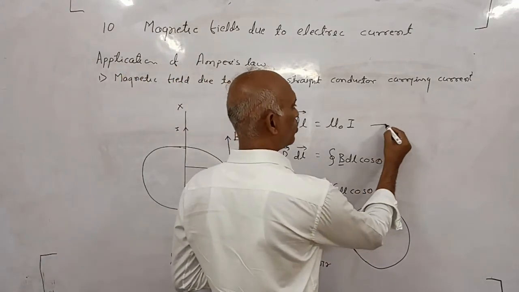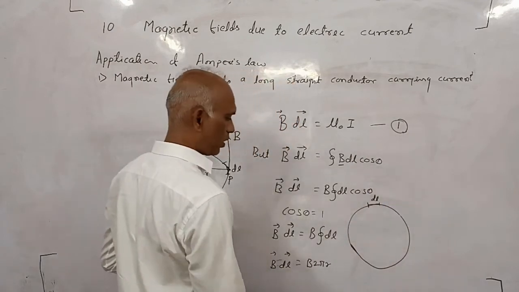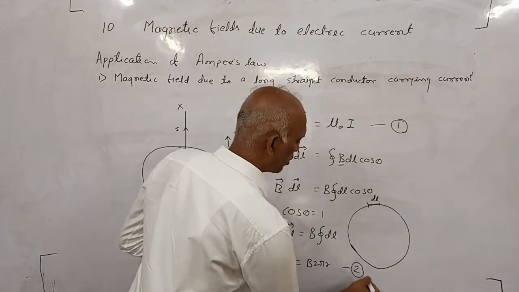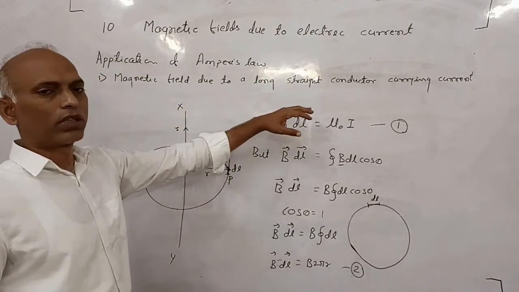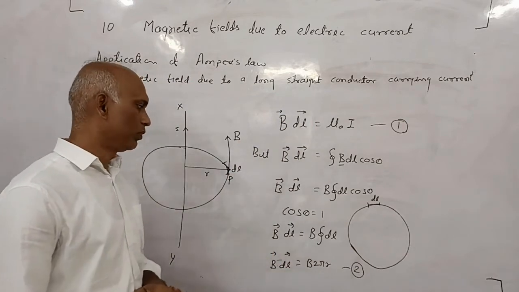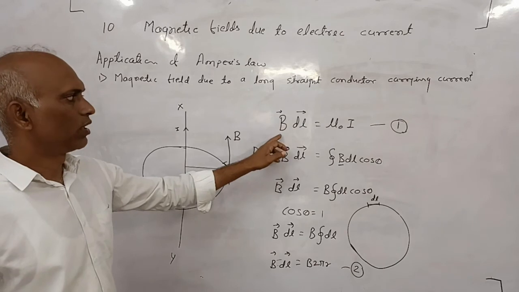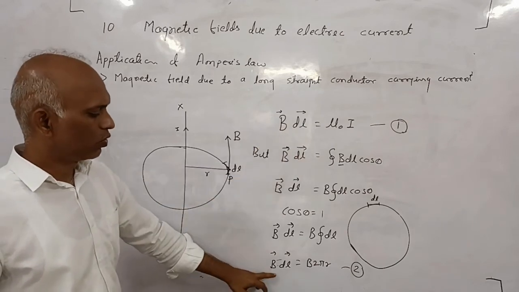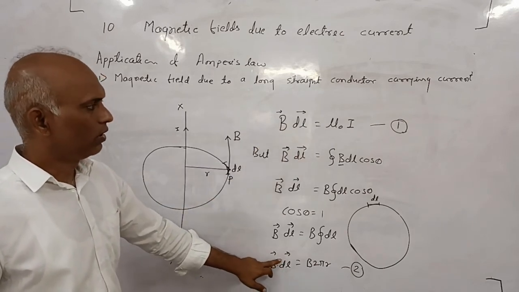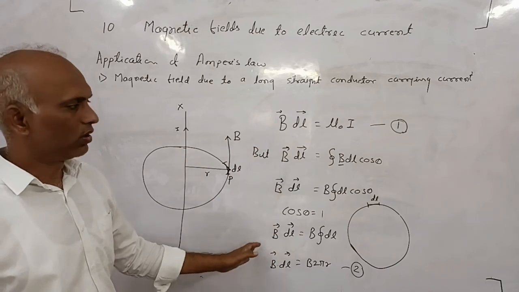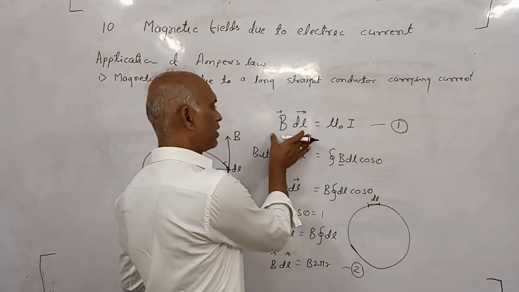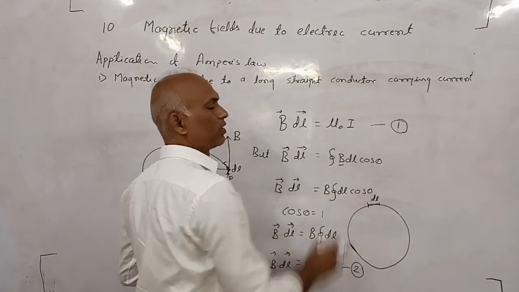Now, if we call this equation number 1 and this equation number 2, we can compare equation 1 and equation 2 because the left hand side of both equations is the same, B dl. If the left hand side is the same, the right hand side should be the same.